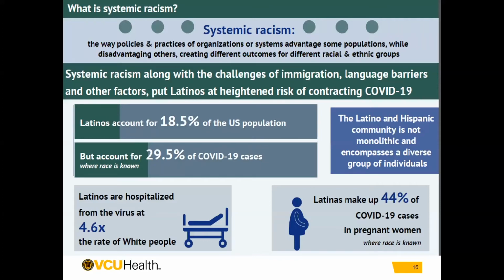It is, as I mentioned earlier, really creating some challenges for the Latino and Hispanic population. And while across the country, our Latino and Hispanic brothers and sisters account for about 18.5% of the US population, they nationally account for about 29% of the COVID-19 cases. So as you can see, at a national level, a state level, and a local level, we are seeing similar trends.